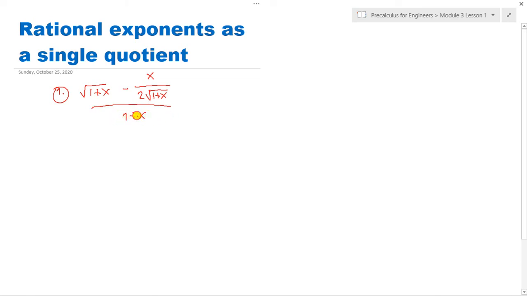Actually, this is in radical form, but you can rewrite this into a rational exponent, but it's up to you. For me, let's just keep the radical signs, such that, of course, x should be greater than negative 1. Because if it is negative 1, the denominator is 0, so it becomes undefined. That's why there is a condition here.